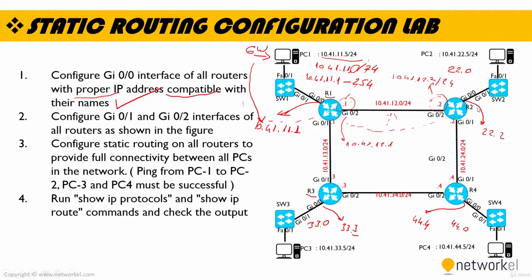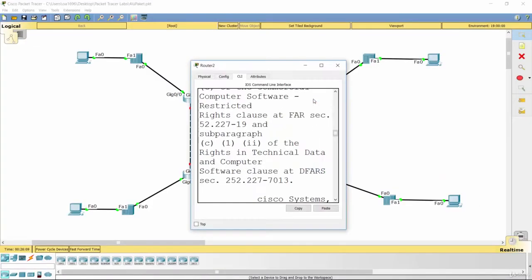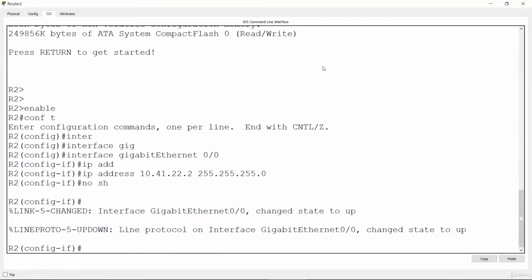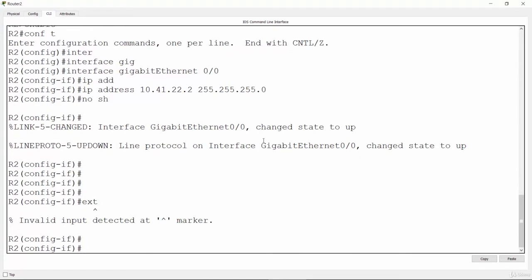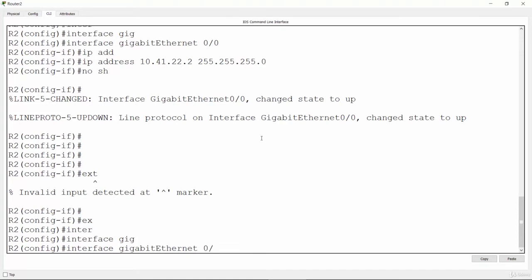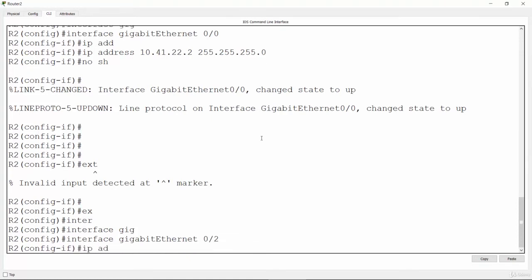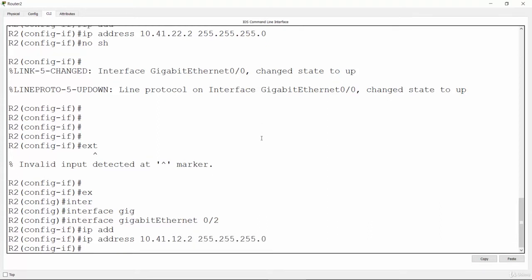In router 2, I'm going to configure 12.2 for Gig0/2 and 24.2 for Gig0/1. Let's go. Interface Gig0/2, .2, and no shut.